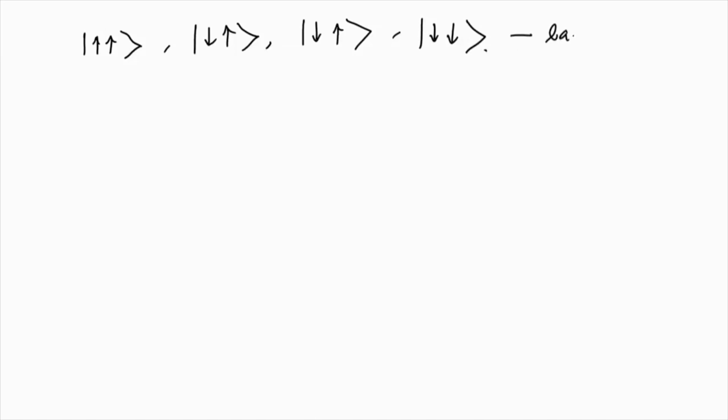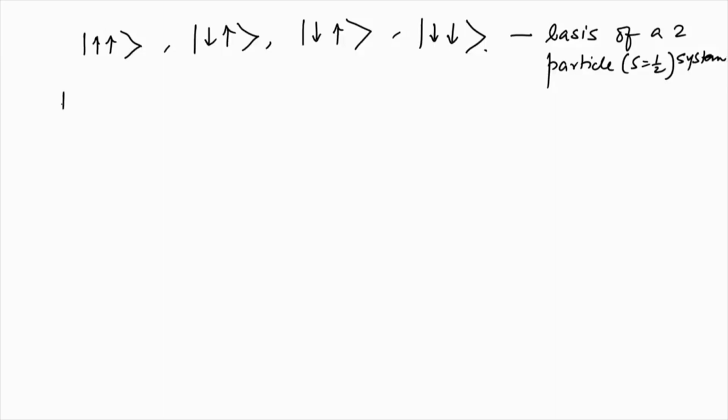These states are up up, up down, down up, and down down. And so this forms the basis of the problem of a 2-particle spin half system.